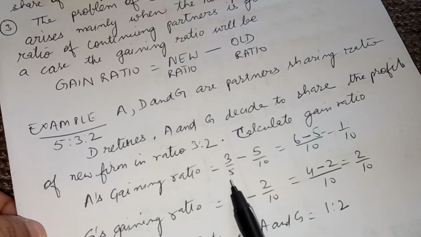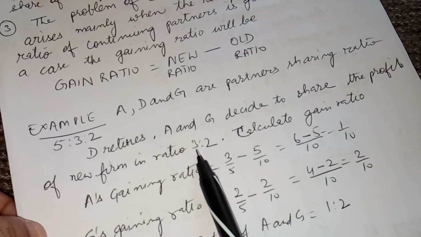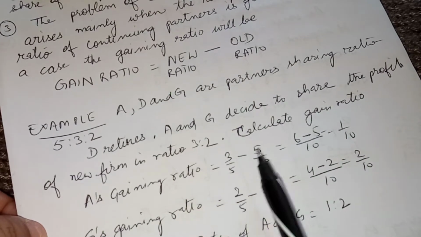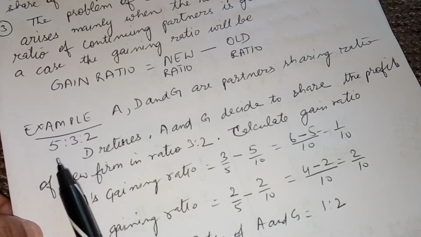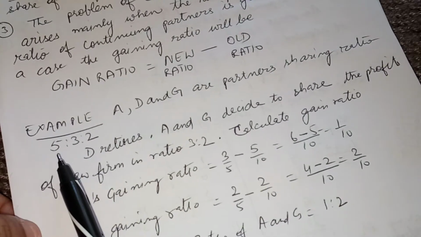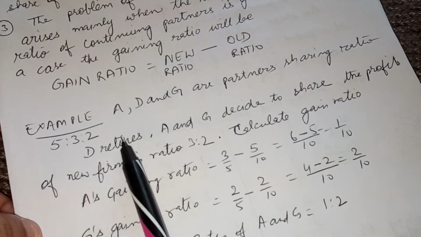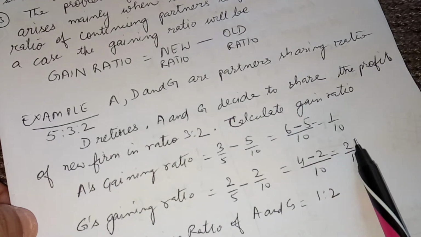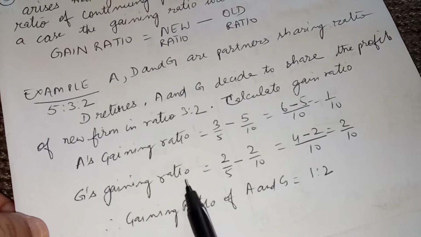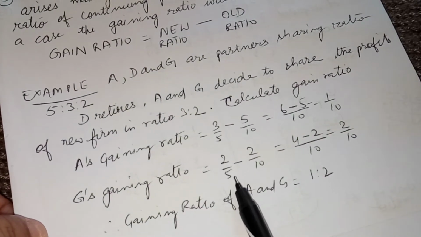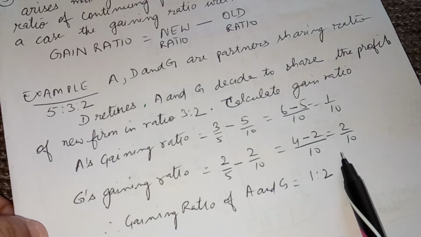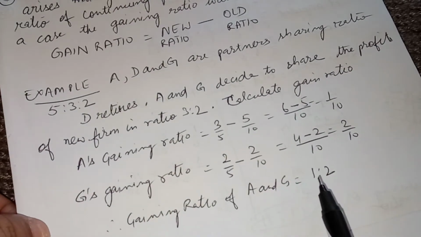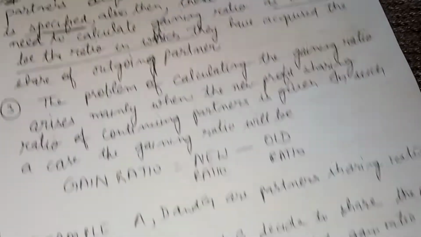New ratio is 3/5 minus old ratio 5/10, that is 6/10 minus 5/10, which comes out to be 1/10. And G's gaining ratio is 2/5 minus 2/10, that is 4/10 minus 2/10, which is 2/10. So the gaining ratio of A and G is 1:2. This is how it is calculated.